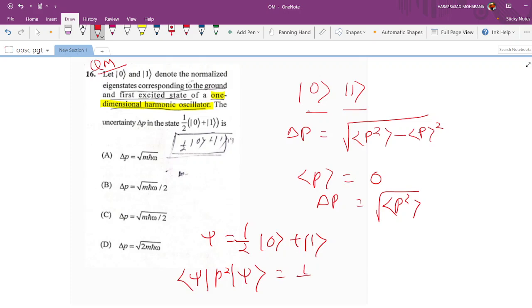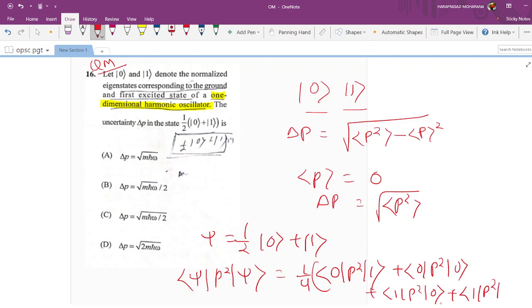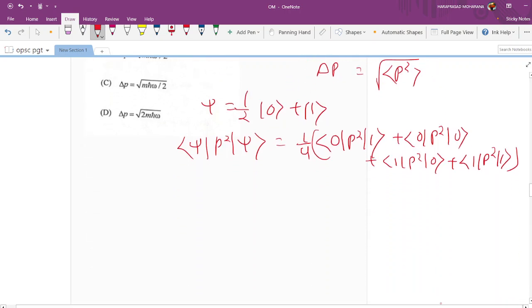So 1 by 2 and 1 by 2 again, so it will be 1 by 4, and we have <0| P square |0> plus <0| P square |1> plus <1| P square |0> plus <1| P square |1>. These are the 4 terms you will get when you find the expectation value.